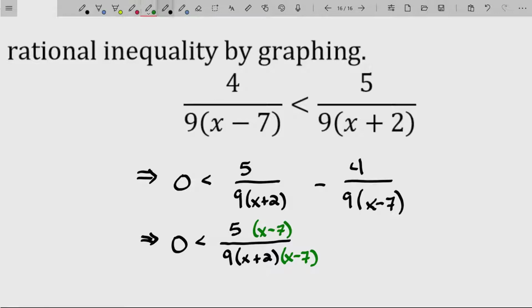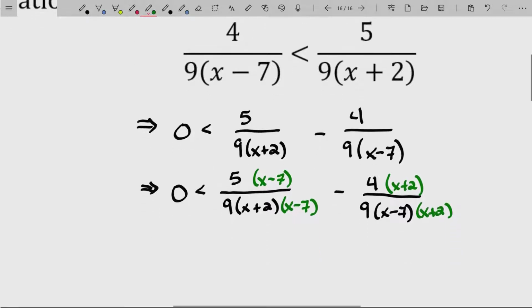And on the second fraction, I will do the same thing, but attach not an x minus 7, because it already has that, but the thing that it's missing, which is the x plus 2. And we arrive at that. Now that they have the same denominator, we can glue these together. Very, very nice. Nothing super crazy.